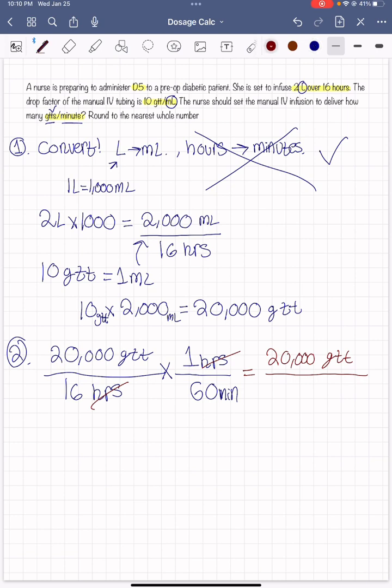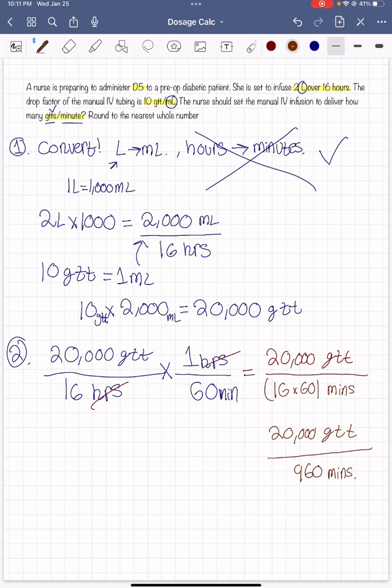So we have 20,000 drops because 20,000 times 1 is 20,000, over 16 times 60 minutes. So that gets us 20,000 drops over 960 minutes.